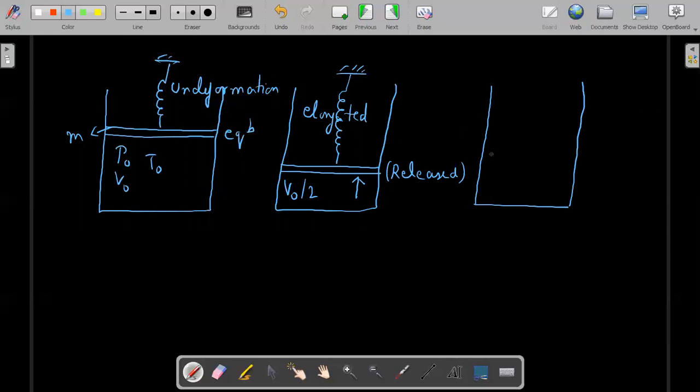Now we assume, notice this was the initial level, and this is the level when the piston is released.